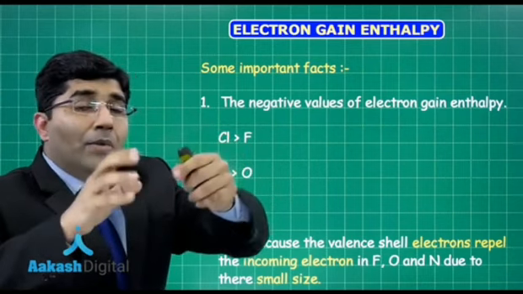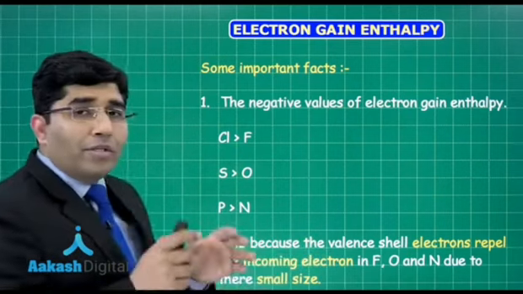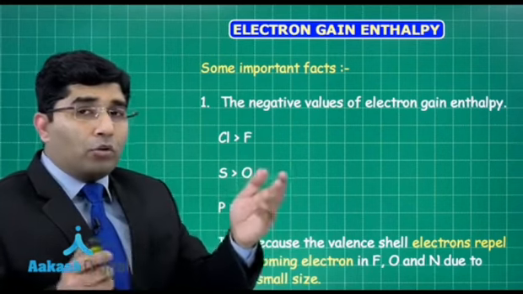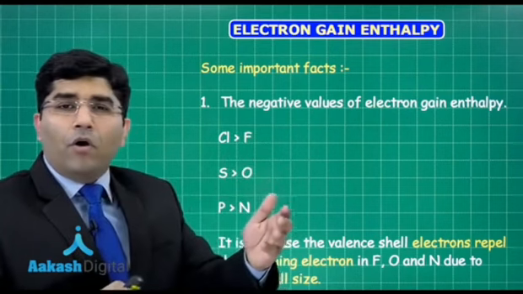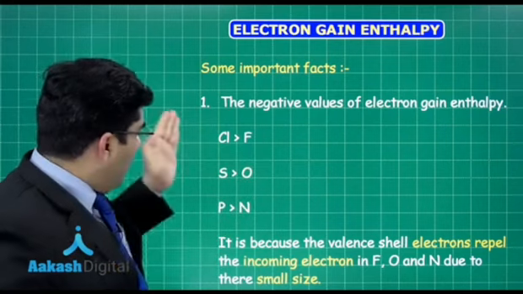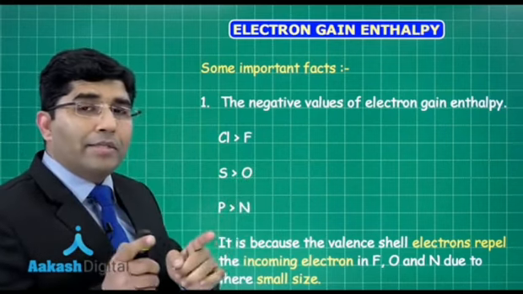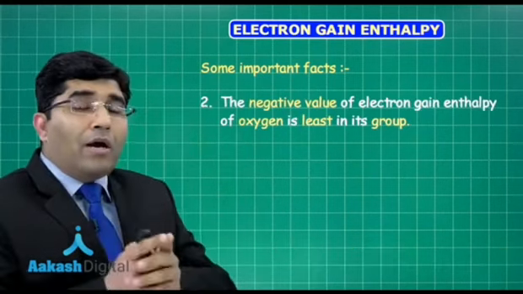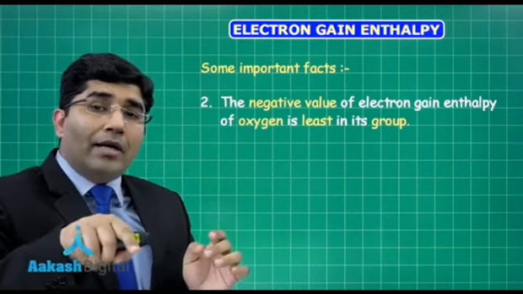But on the other side, the size of chlorine, sulfur and phosphorus is big. That's why the negative value of electron gain enthalpy of chlorine is more than fluorine, sulfur more than oxygen, phosphorus more than nitrogen, because of their small size. And one more point, the electron gain enthalpy of oxygen is lower than all the elements in its group.